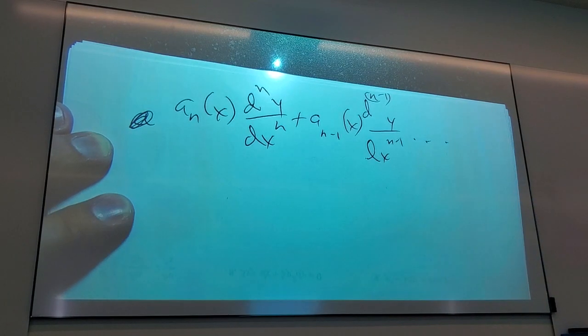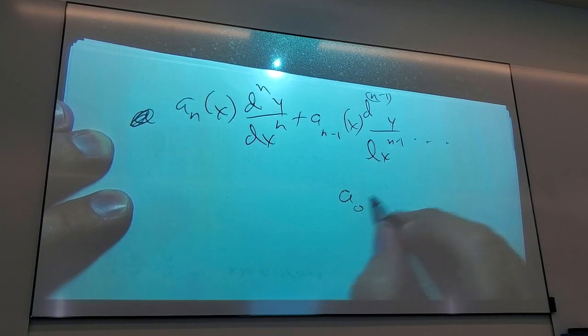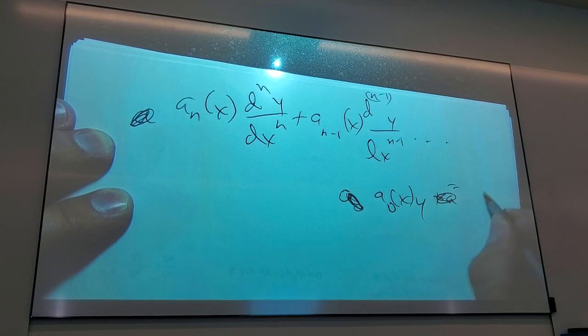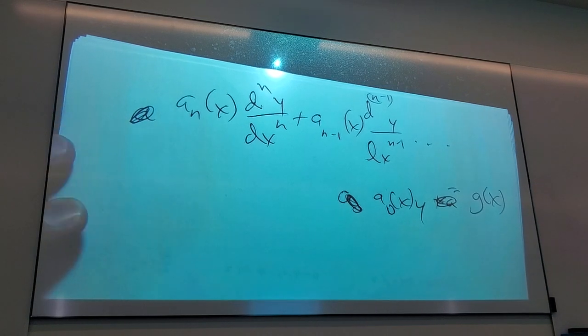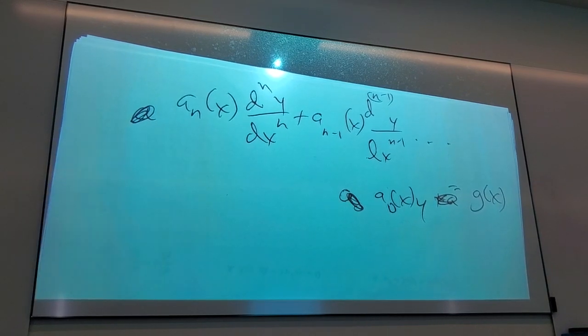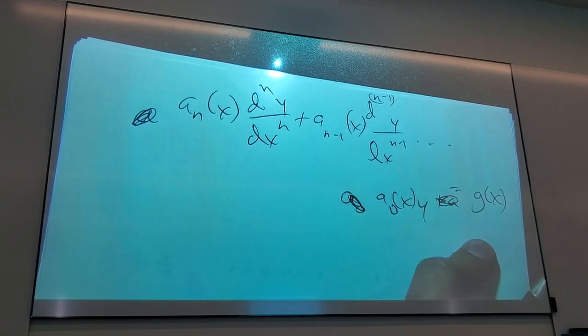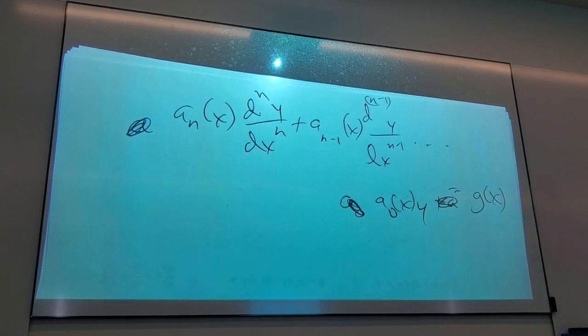Dot, dot, dot. And then you get a1 of x y' plus a0 of x y equals g of x. So that is the general nth order linear ordinary differential equation.